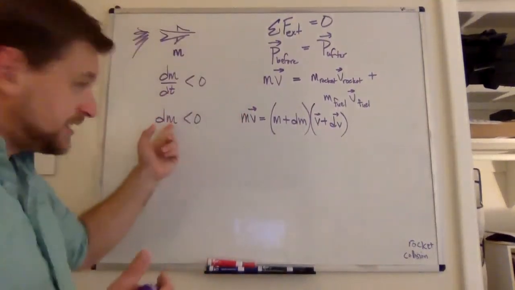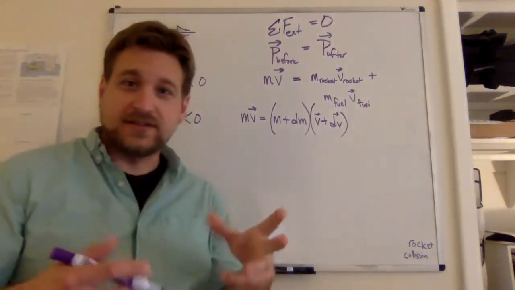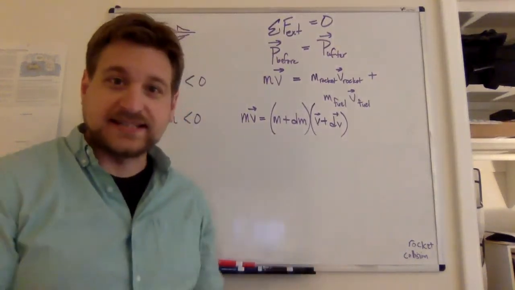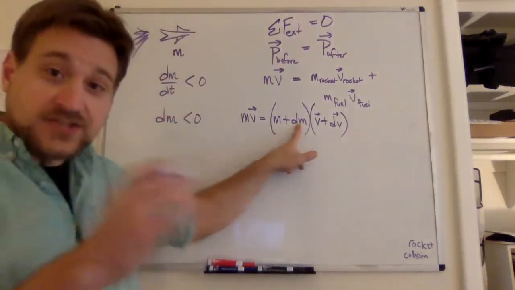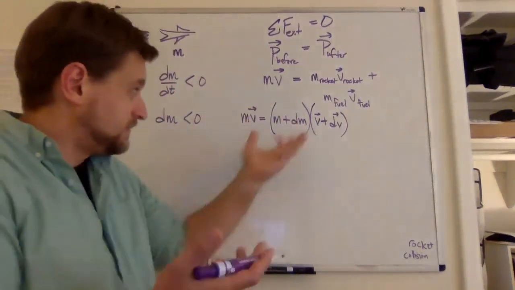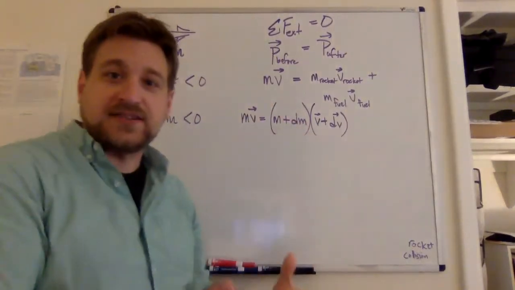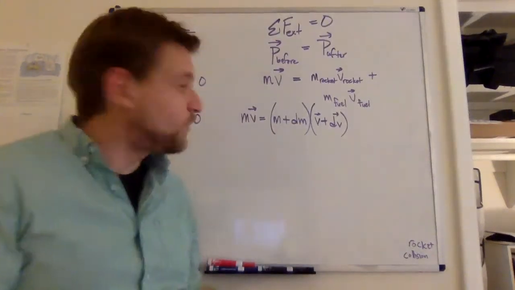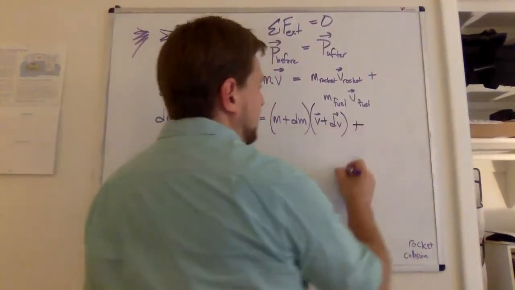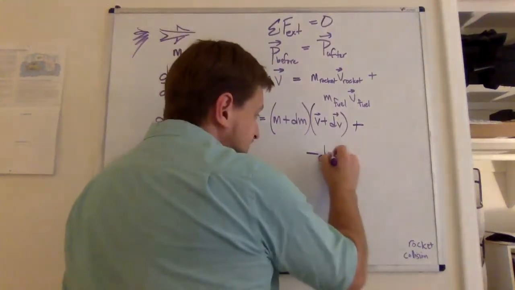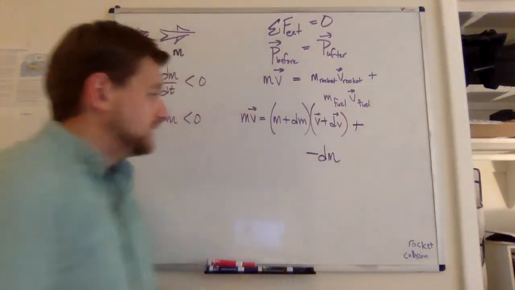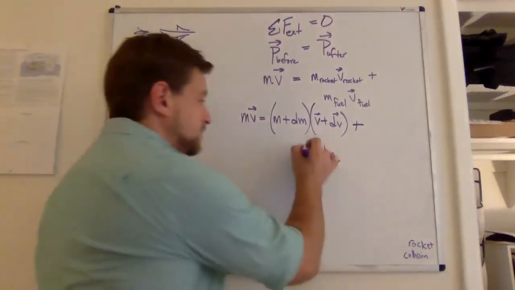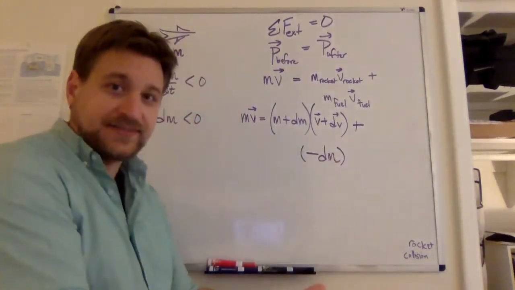But dm is negative. So I can't say that there's a mass of fuel dm. A negative mass of fuel doesn't make any sense. A negative change, okay, but mass is a positive quantity. So I have to write negative dm as the mass of the fuel. dm is negative, so putting the minus sign lets me talk about a positive fuel mass.